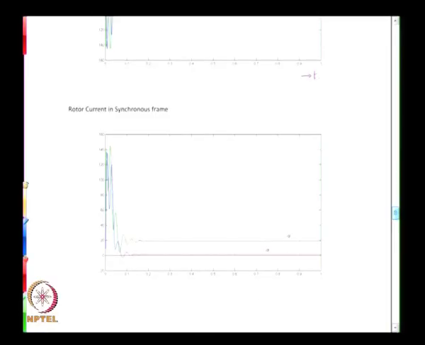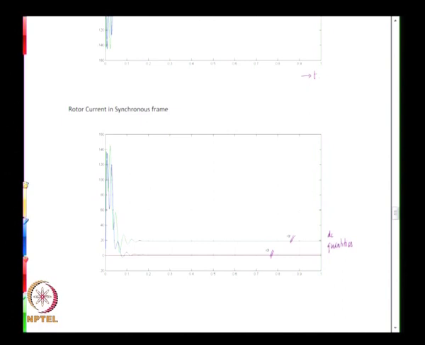Before we draw the phasor diagram, the rotor currents are also DC quantities, because whether it is stator or rotor, the moment you are in the synchronous reference frame all variables look stationary, and therefore you expect both IDR and IQR also to be DC quantities.